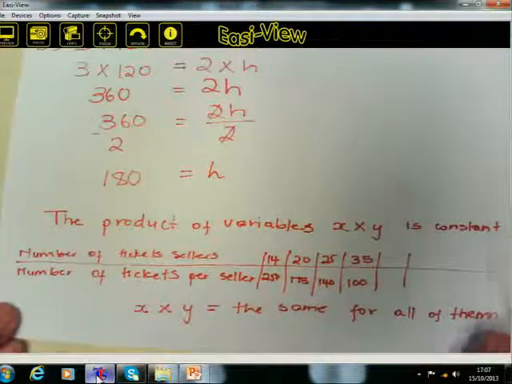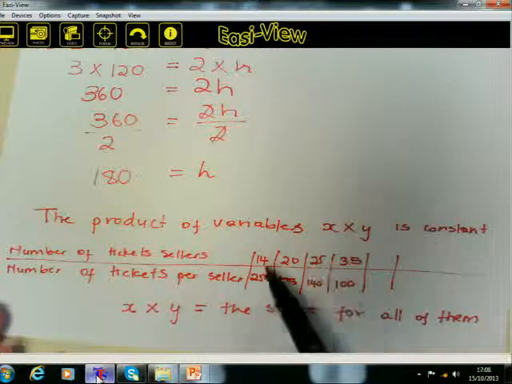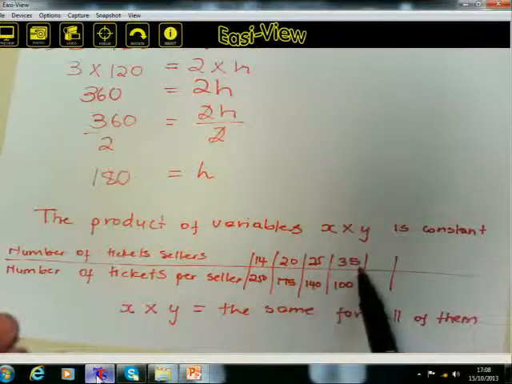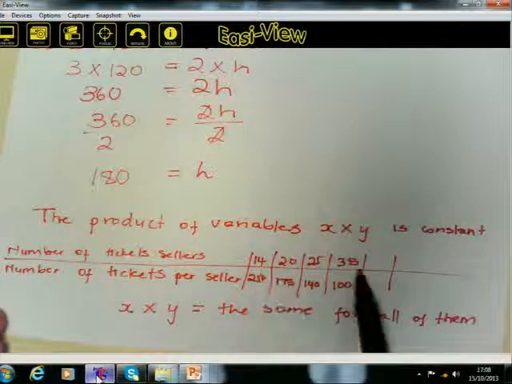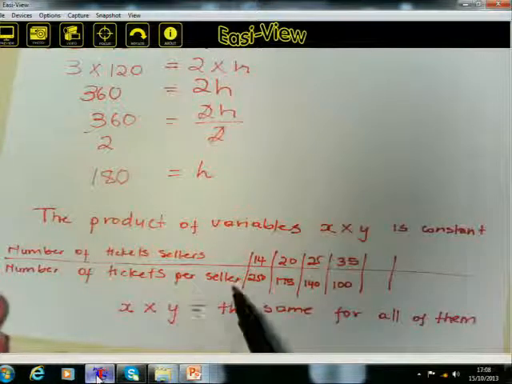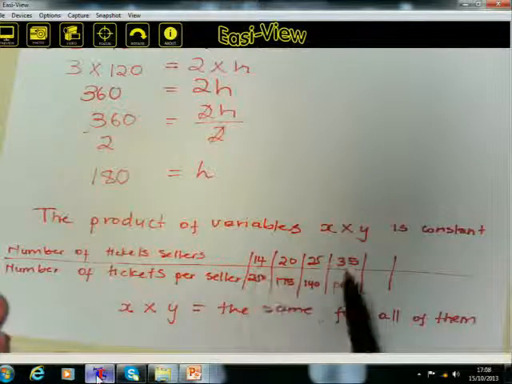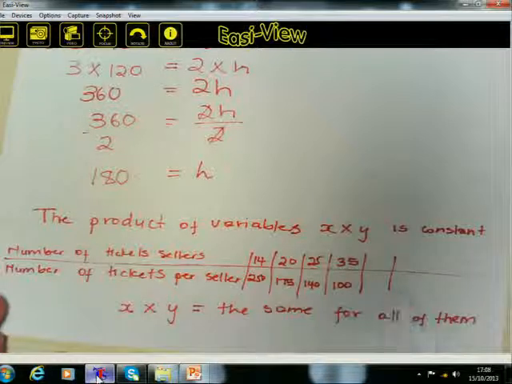So let's see. The number of ticket sellers, we have 14, 20, 25, 35. As you can see, the number of ticket sellers is increasing. If you look at the number of tickets per seller, as the sellers increase, the number of tickets decrease per seller.